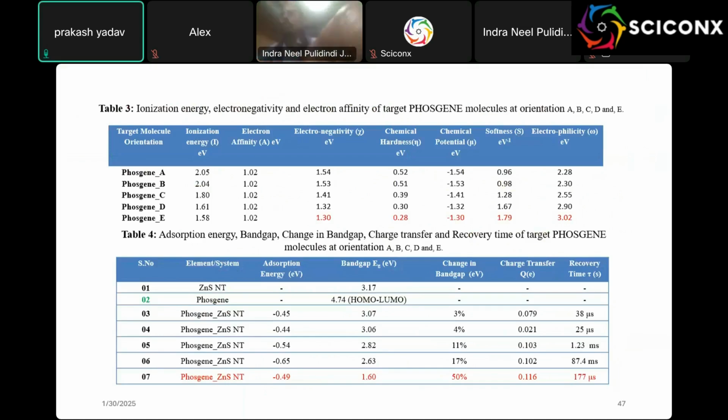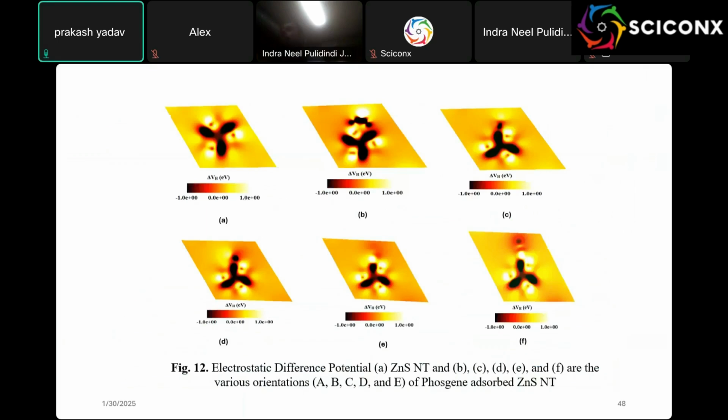So that is the reason I get higher charge transfer and higher reduction in band gap. And this is the electrostatic difference potential graph. Here we clearly see position E has a larger interaction with Faustian molecules than other positions, as you see in graph F.